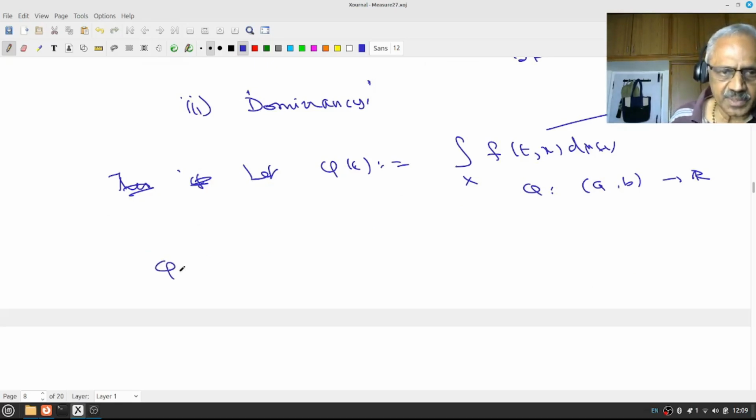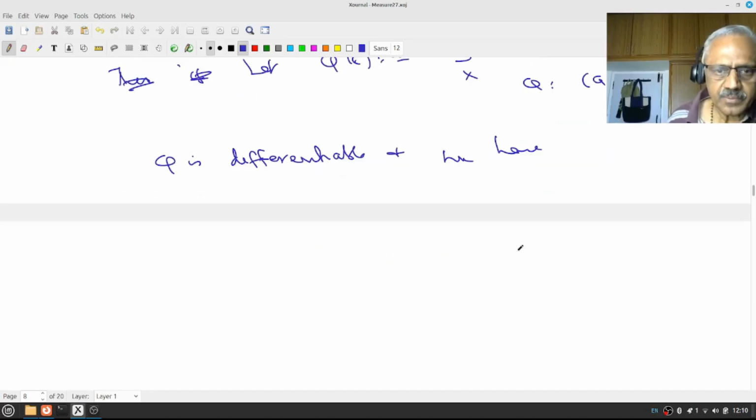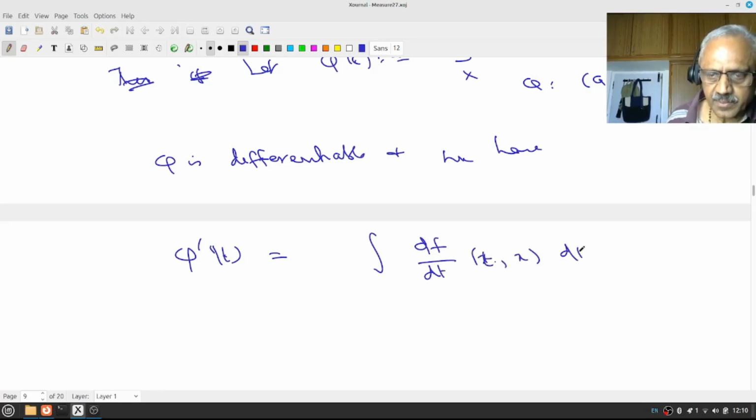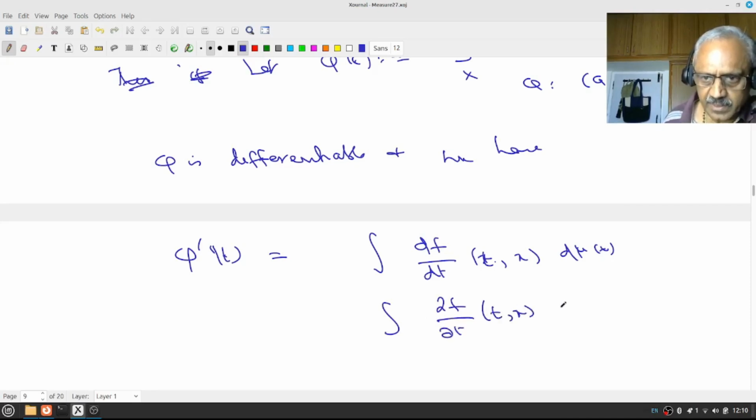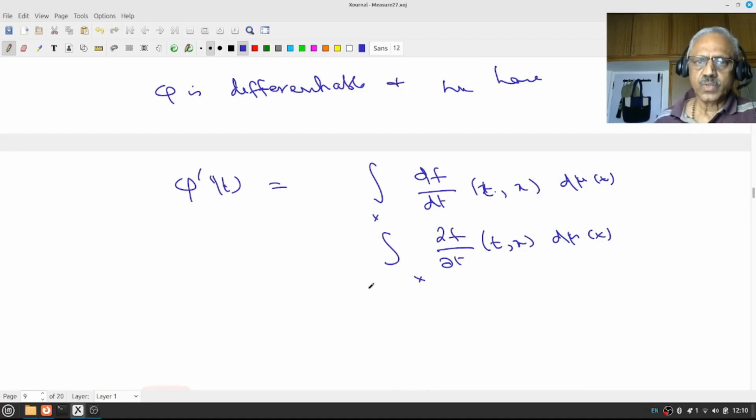So what we want to say is phi is differentiable, and we have phi dash t is the integral of df by dt of (t, x) d mu of x, or sometimes del f by del t of (t, x) d mu x over X. So I have to make sure this is also integrable.